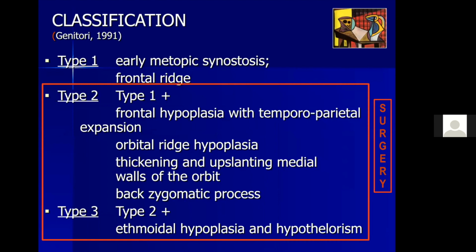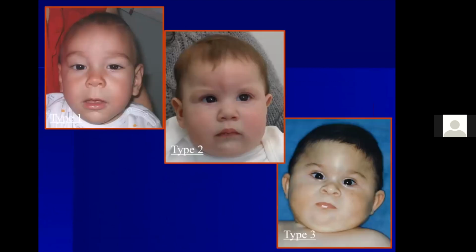Type 2 is early metopic synostosis plus frontal hypoplasia with orbital ridge hypoplasia and even thickening of the upslanting medial walls of the orbit. Type 3 includes even ethmoidal hypoplasia and so hypotelorism, because of the involvement of the skull base.